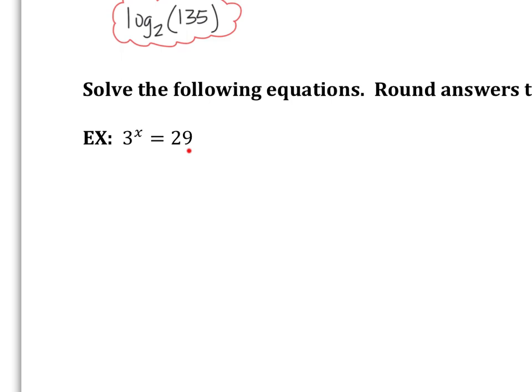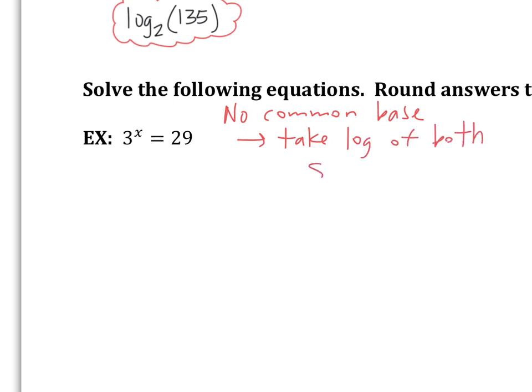So what do we do? When we can't get common bases, we take the log of both sides. What's that going to look like?